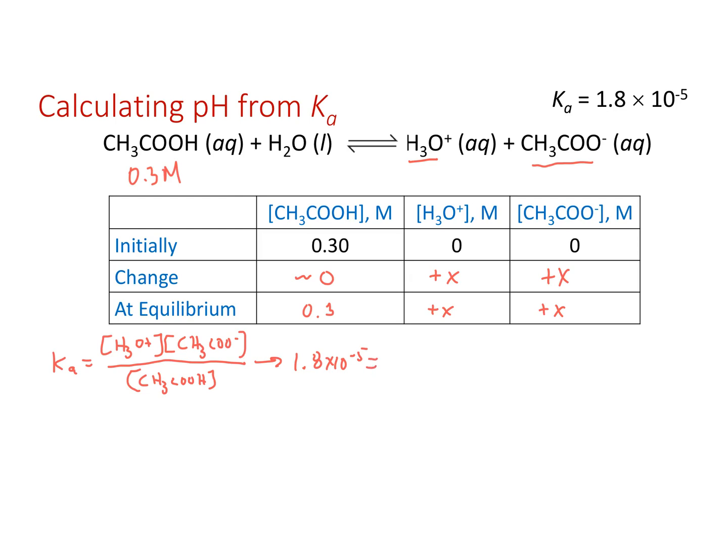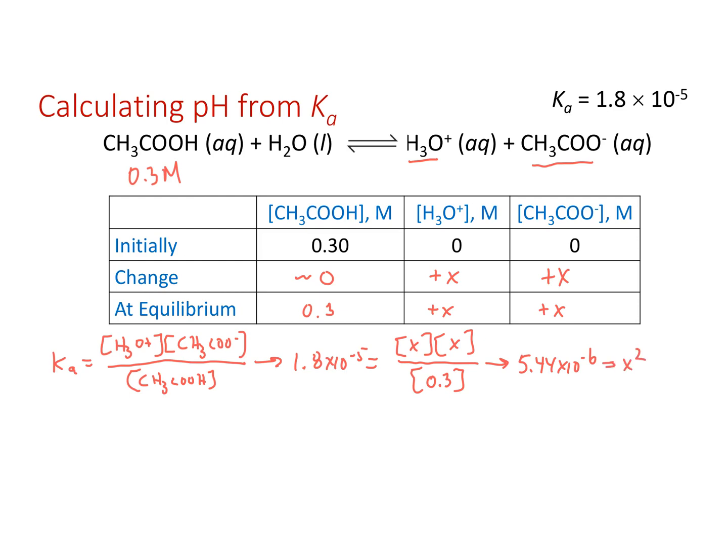We're going to plug in what we know. Well, the concentration of hydronium is X, the concentration of acetate is X, all over the concentration of acetic acid, which is 0.3. So multiply that 0.3 across, right? Multiply both sides by 0.3, and we get 5.44 times 10 to the minus 6 equals X squared.